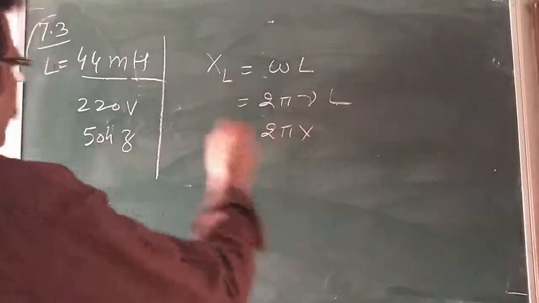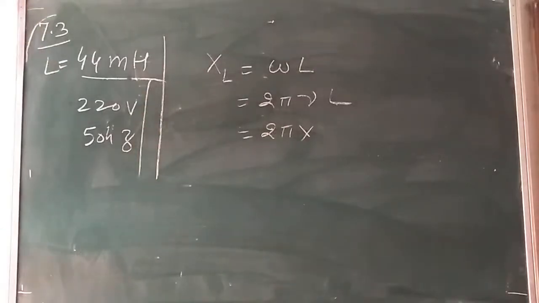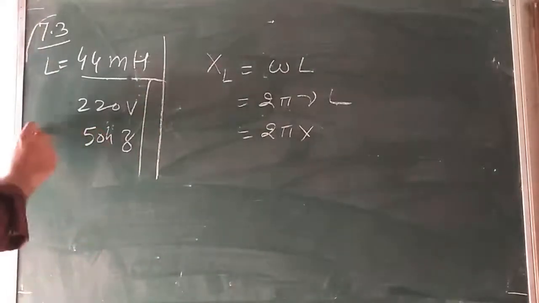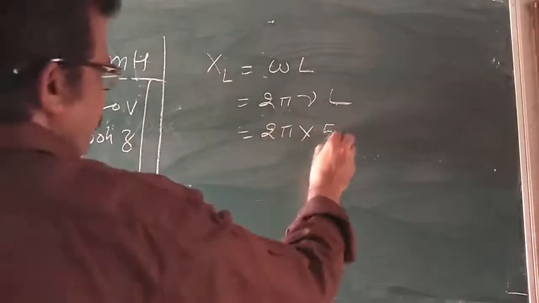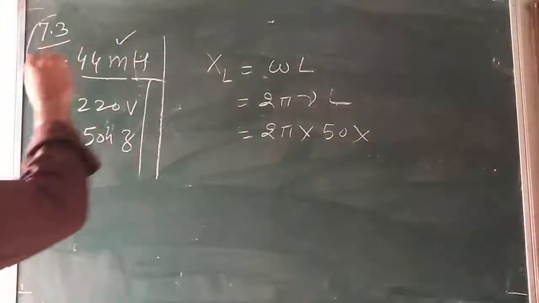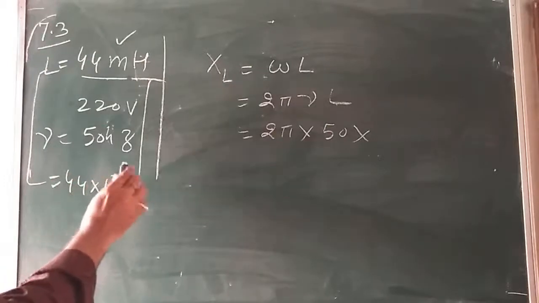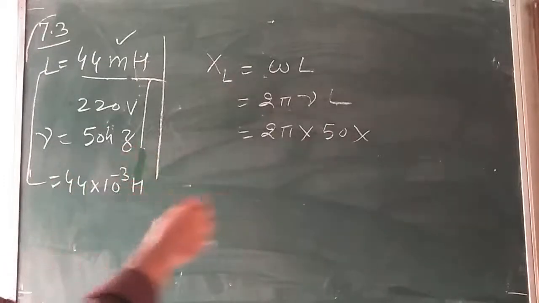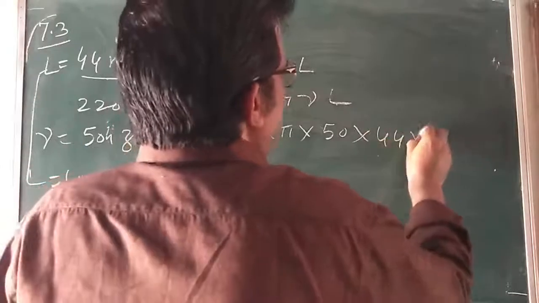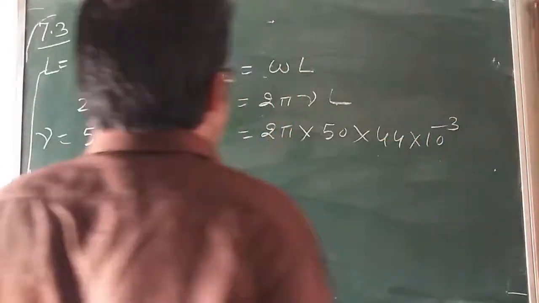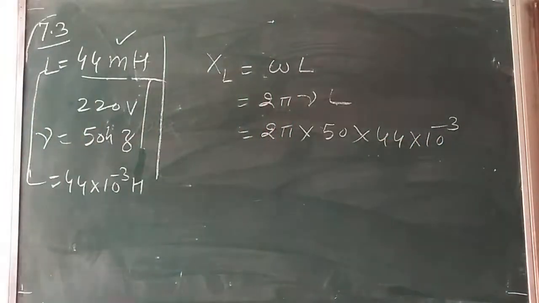What is nu? What is the frequency here? Sir, frequency is 50 hertz. So write down 50. What is inductance? Sir, inductance is 44 millihenry, that is 44 into 10 to the power minus 3 Henry. So put it here, 44 into 10 to the power minus 3. This is the value of XL.